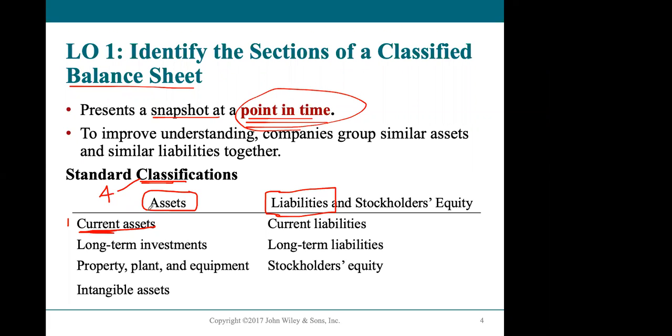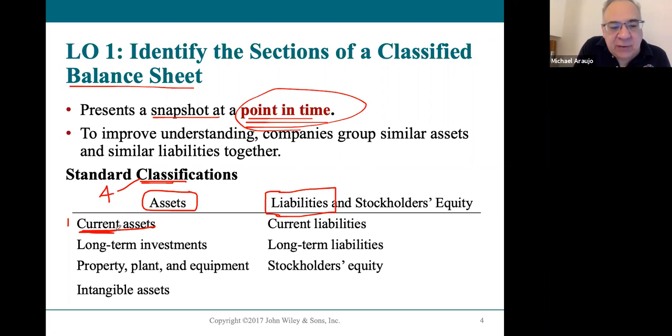So if an asset is going to be turned into cash or used and expensed within that year, a year from the date on the balance sheet, you'll see it classified as a current asset. Current assets are always listed first in the asset section. You've actually already been introduced to several of them, such as cash.